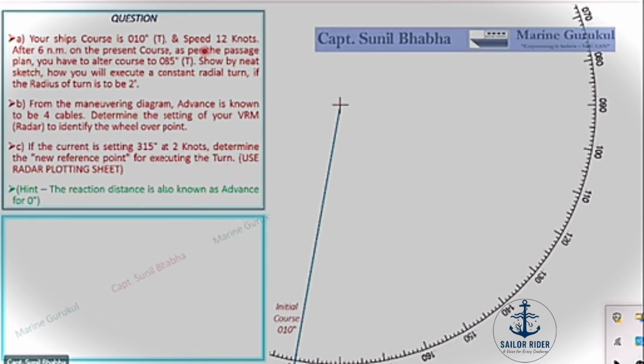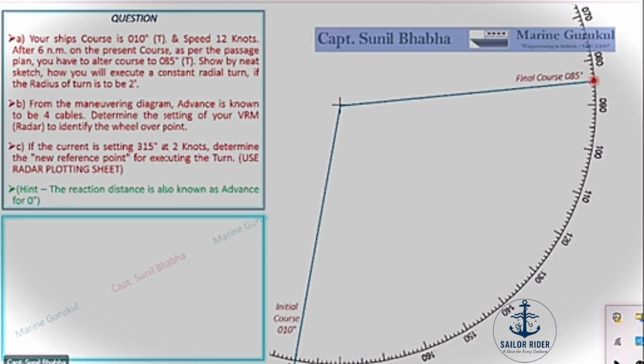Now my final course after the alteration is 085 degrees true. So let's show the final course also. You can see the final course 085 degrees coming up on the screen. Now from the center of the sheet, I draw a line joining up to the 085 marking. So that gives me my final course.